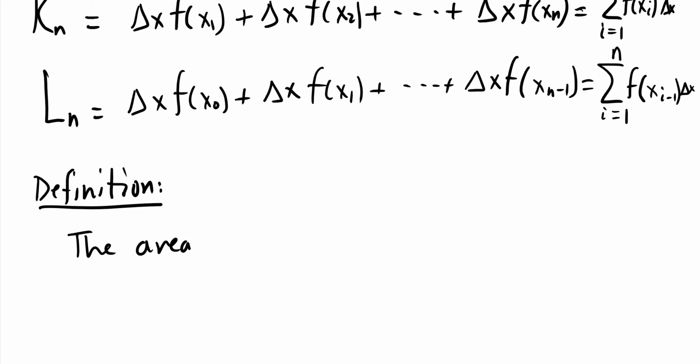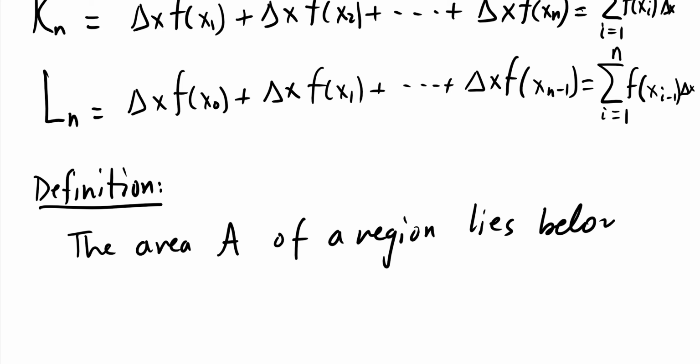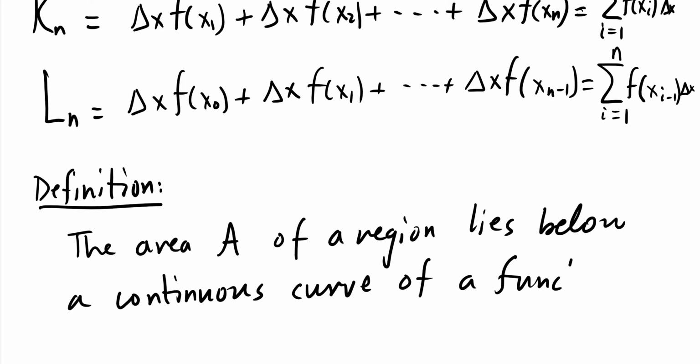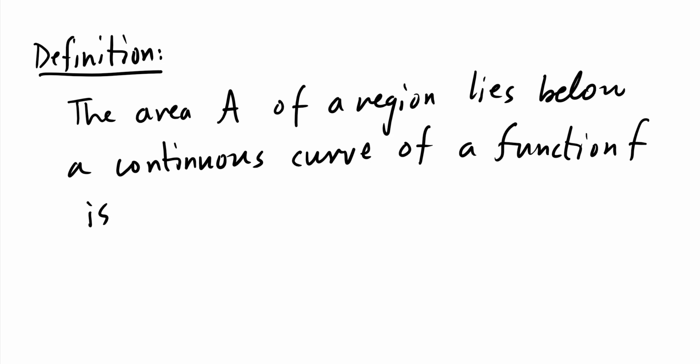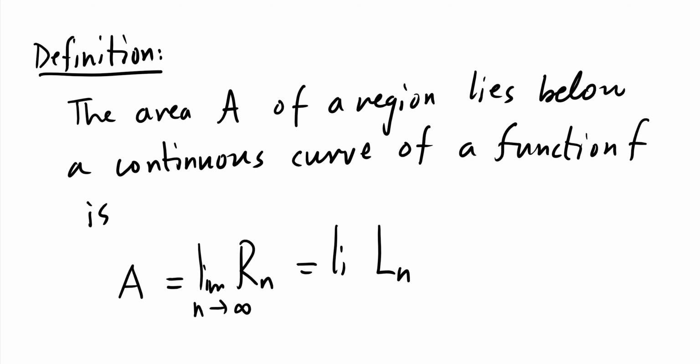The area A of a region that lies below a continuous curve of a function, call it f, is given by, you either take the Rn, the right endpoints, as we did earlier, in terms of n, and then pass the limit as n goes to infinity, or you can do the left endpoint and then pass the limit to infinity.